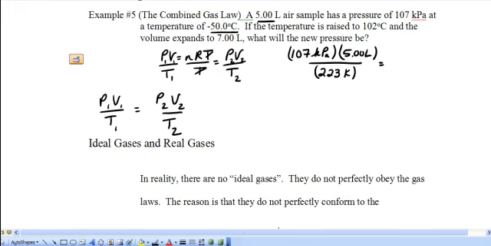Now, do we know the final pressure? No, the question says, what will the new pressure be? So we'll just simply label that P2. The new volume is going to be 7.00 liters. And the new temperature, it was raised all the way to 102 degrees Celsius. So that means that it's being raised all the way up to 375 Kelvin.